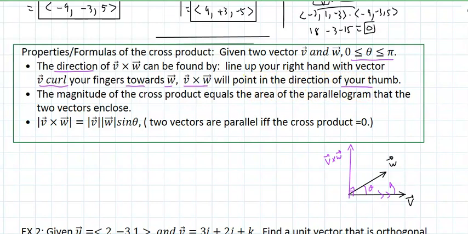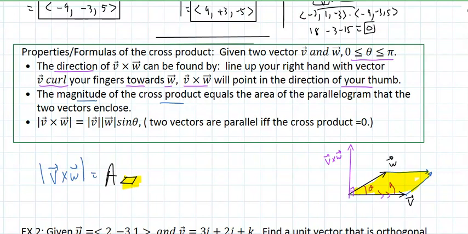Second property to know, very important: the magnitude of the cross product. The magnitude of V cross W, which is a scalar, turns out to equal the area of this parallelogram that the two vectors enclose.